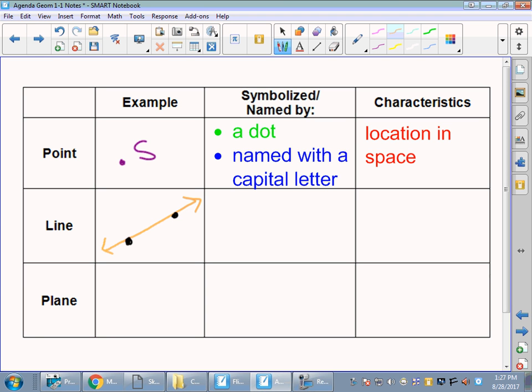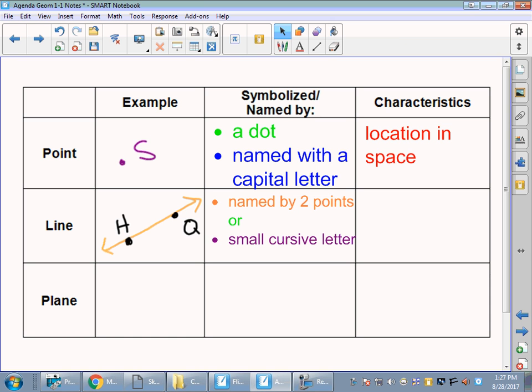I'm going to name this line, let's make this a H and a Q. Right, so we know what it looks like. A line is technically the set of all points. So there are 8 billion points on that little orange segment of line that I drew. We're going to just specifically name 2 of them.